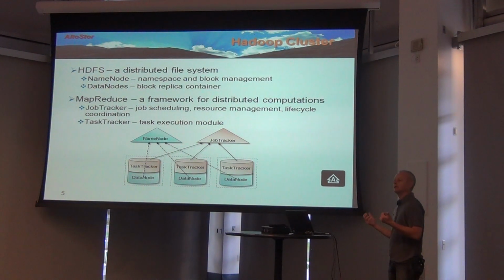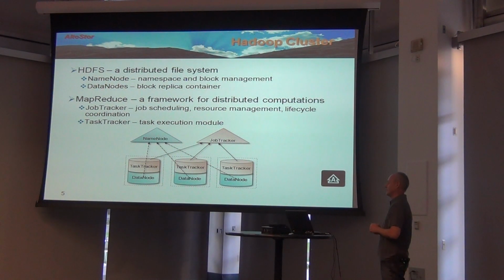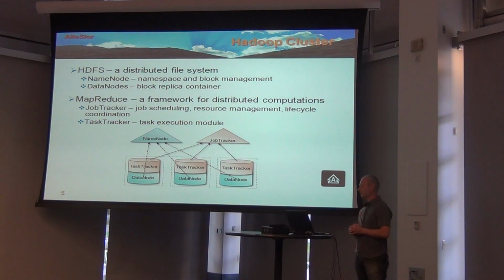It is a distributed system that conforms to the design principles, including scalability, availability, and reliability. But at the top level are single master nodes, the name node for HDFS and the job tracker for MapReduce.